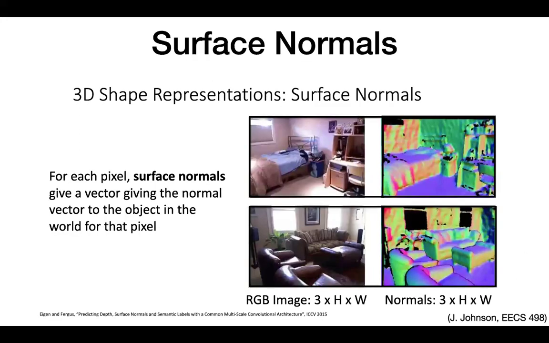So continue on. Also an important problem, and actually an easier problem, is to compute the surface normals from an image. Note that for depth we had to introduce this scale invariant metric and change our loss function. But for normals, we don't need to do that because the normal is a local property of the surface.